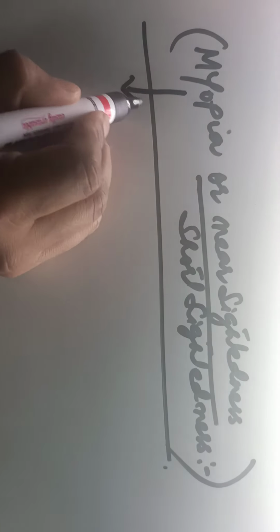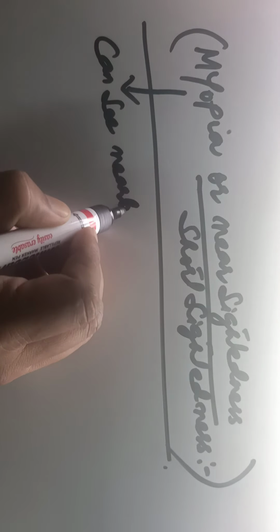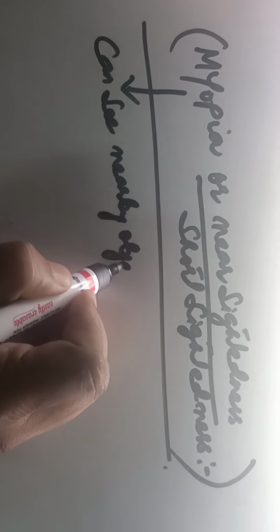I think that should be very clear. Myopia is that defect of vision in which a person can see nearby objects clearly.